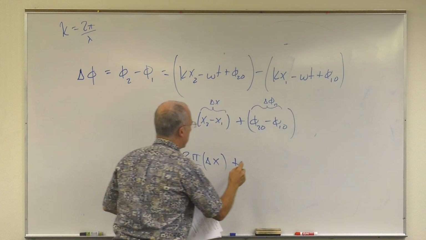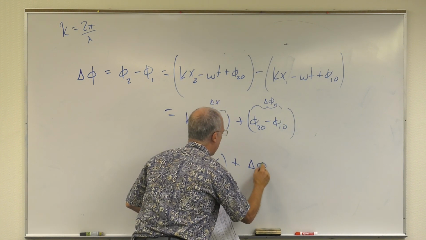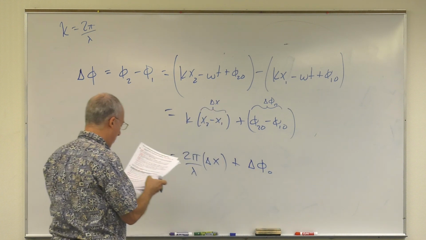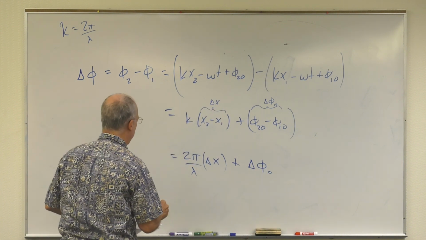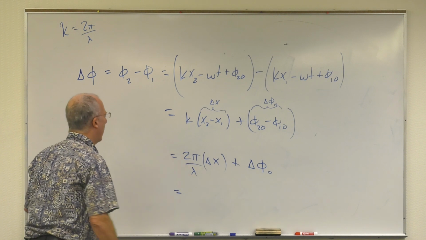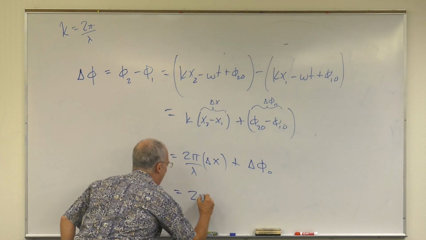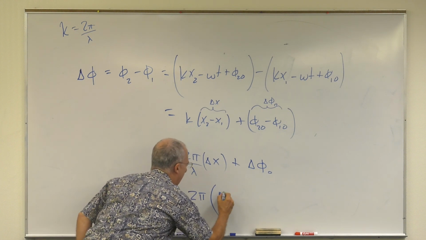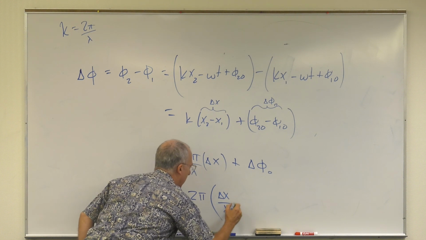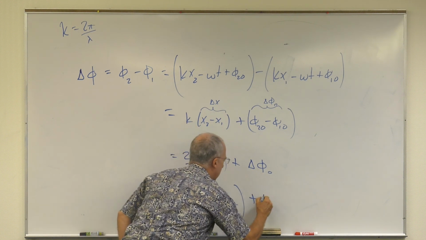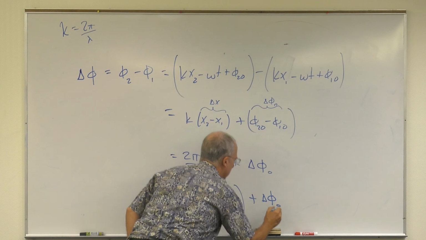Okay, so that's plus delta phi 0. And let's write it a little bit differently. You'll see why, don't worry about it. So 2 pi delta x over lambda plus delta phi 0.